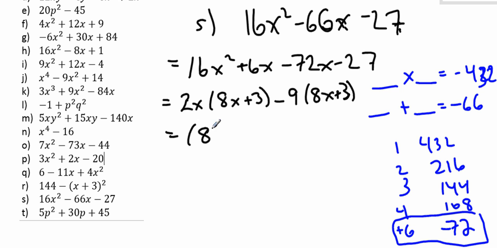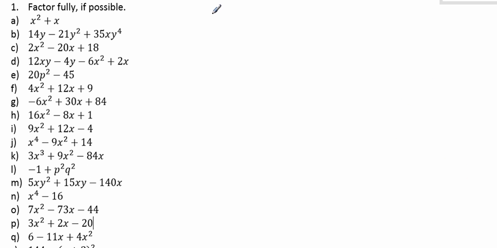Factor the bracket that's in common. And I'm left with 2x minus 9 as my other factor. So don't get intimidated by big numbers. We have a method for checking all possible factors. Don't start just randomly guessing numbers. Process is important. One more question, and then we're done number 5.